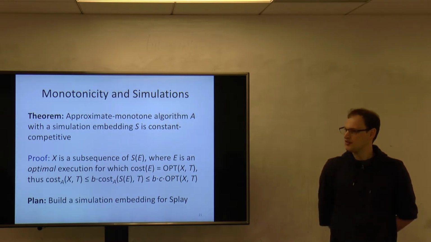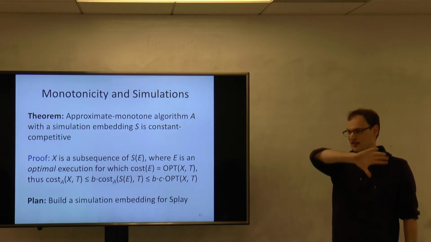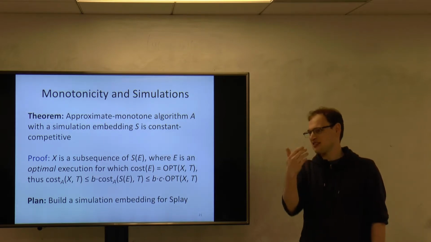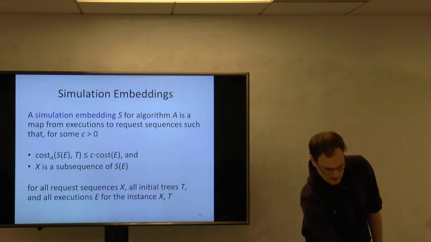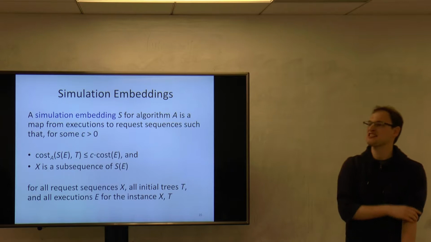Yeah. Sorry, what's the simulation again? It was just a little too quick, I guess. A simulation, well, I guess there's multiple parts to it. The simulation embedding is the mapping, and the map takes an execution.